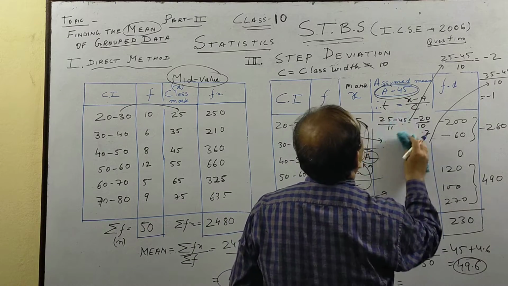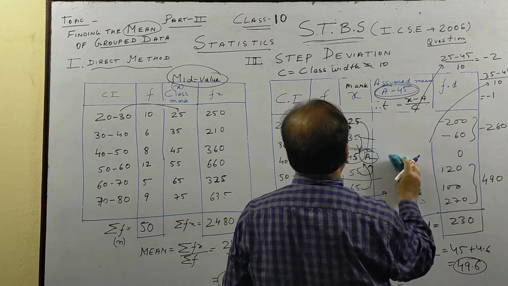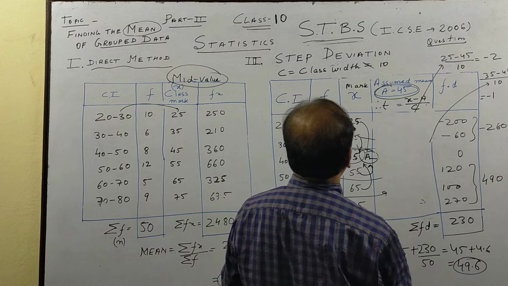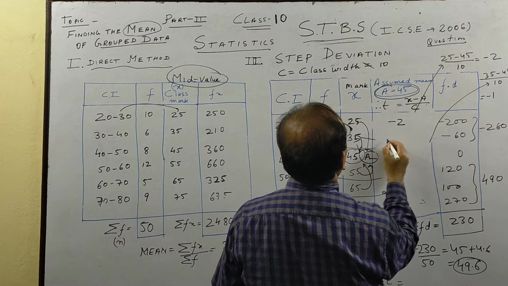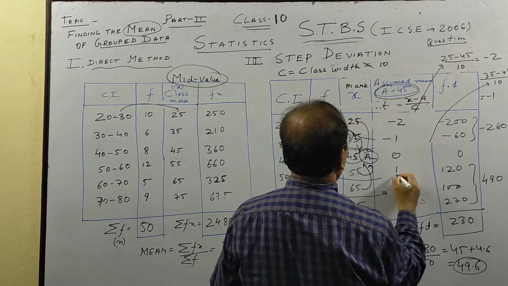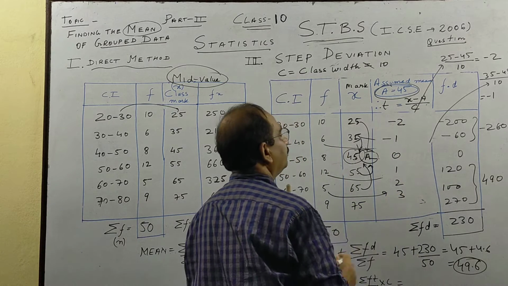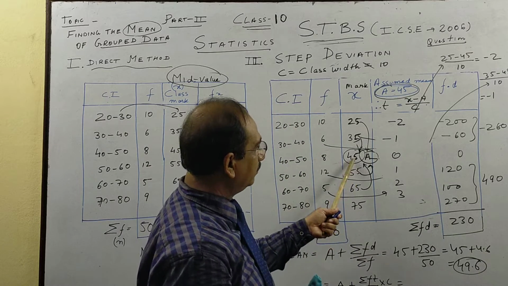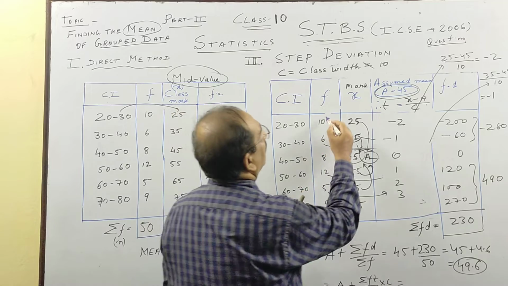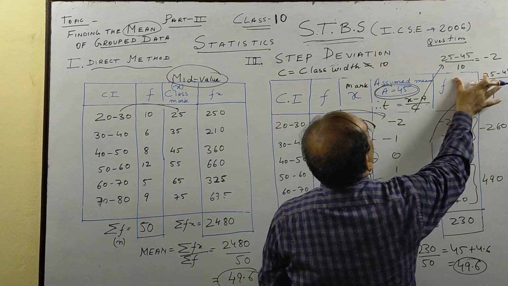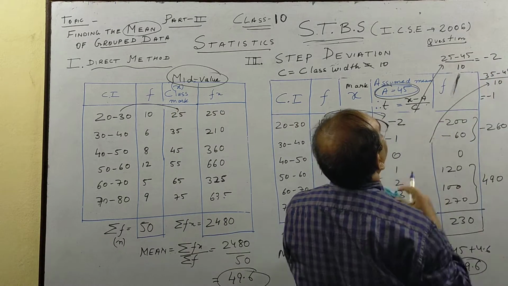This is not looking nice. Therefore what we do, this becomes minus 2, minus 1, 0, 1, 2, 3. So we subtract and divide by 10. So finally we multiply, children, f with t. So d will become t.